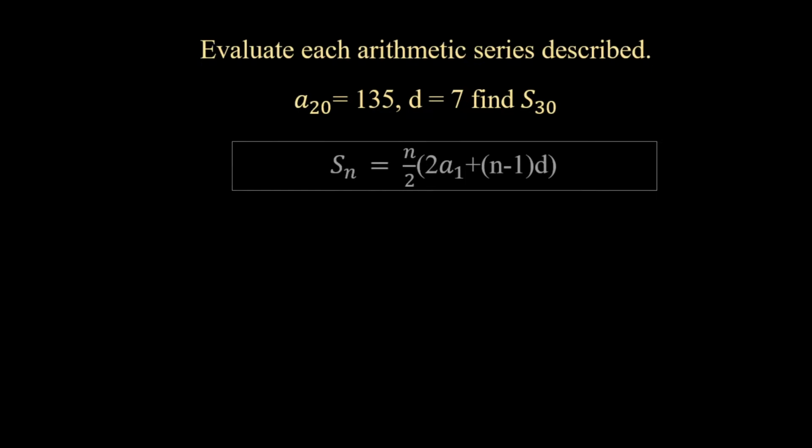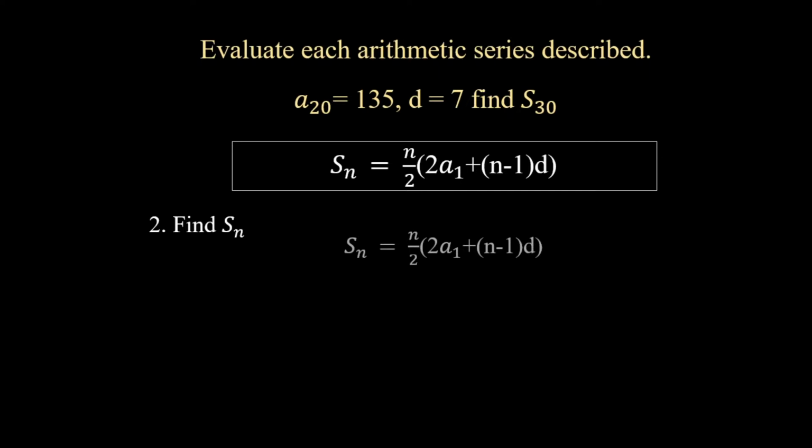You can substitute it in the formula of the arithmetic series. The variable for the first term is a sub 1. So this formula is S sub n equals n over 2 times parentheses 2 times first term plus n minus 1 times d.